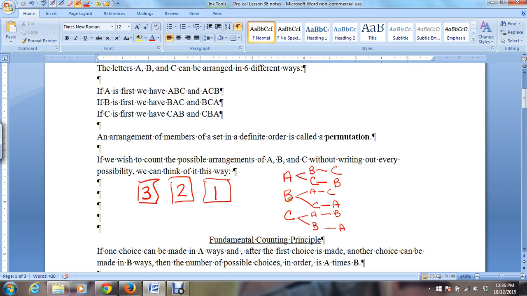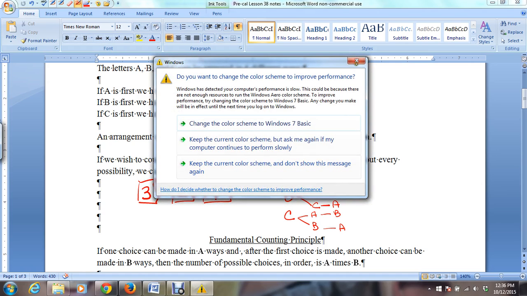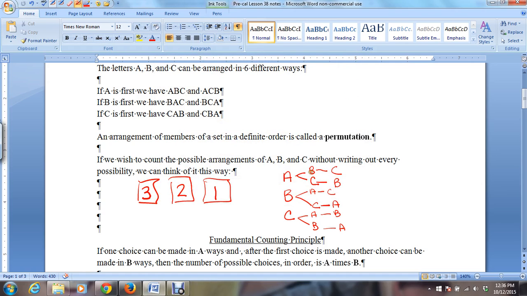ABC, ACB, BAC, BCA, CAB, CBA. We just talked about that up here. But I'm just showing you this chart so that you can see that what's happening is multiplication. Because if I have 3 ways to pick the first letter, and then for every one of those, there are 2 ways to pick the second letter, and then there's 1 way to pick the last letter.